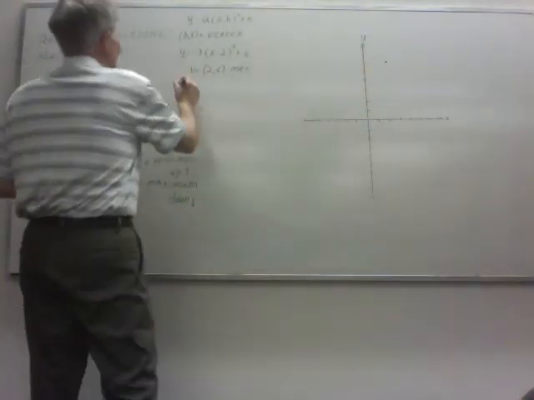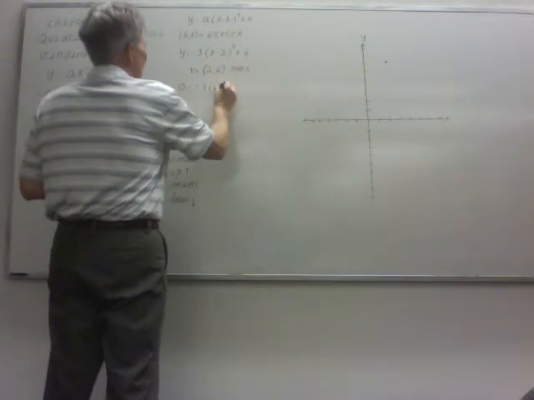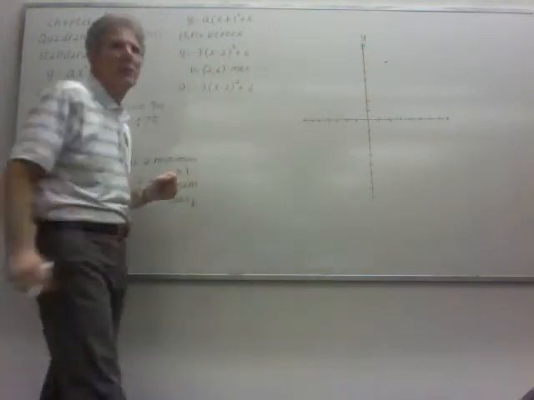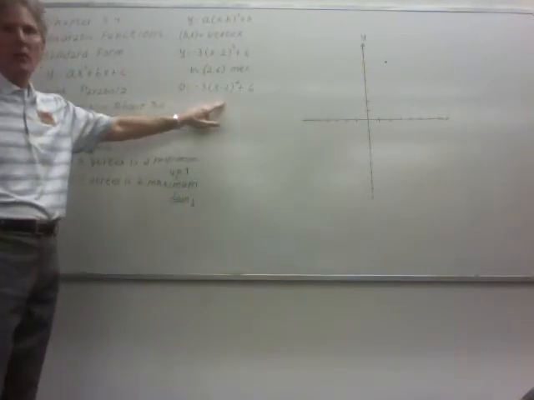So I have 0 equals -3 times the quantity x minus 2 squared, plus 6. Again, reverting back to chapter 1.7, all the different ways you had to solve quadratic equations: factoring, quadratic formula, square root method. We're going to be using the square root method in order to solve this one.